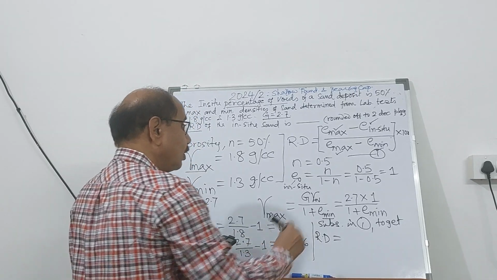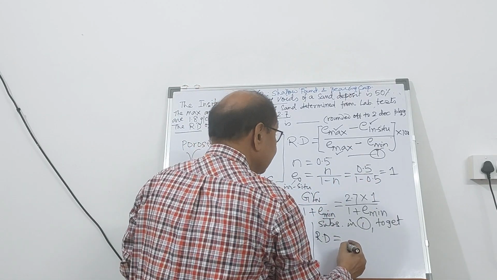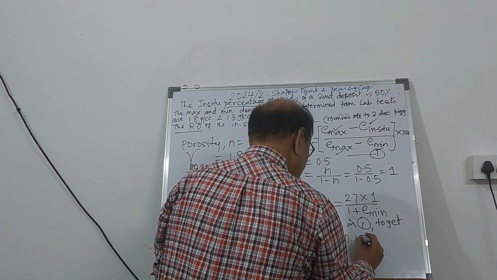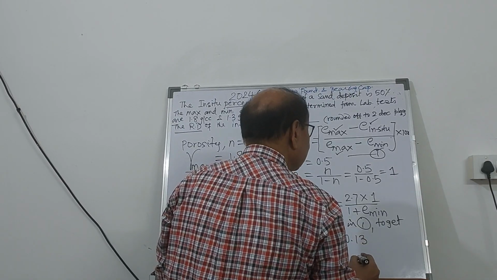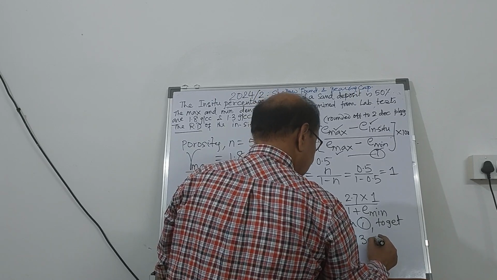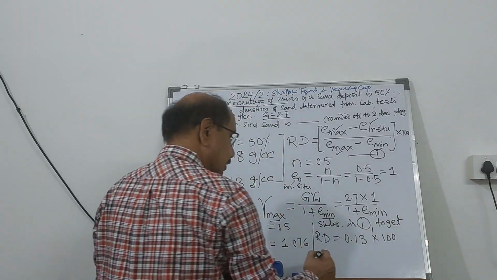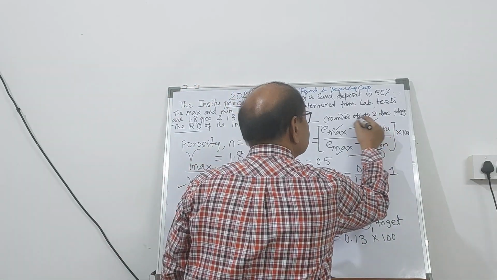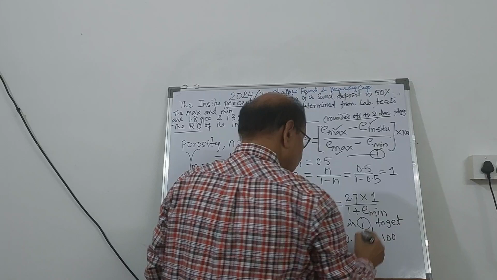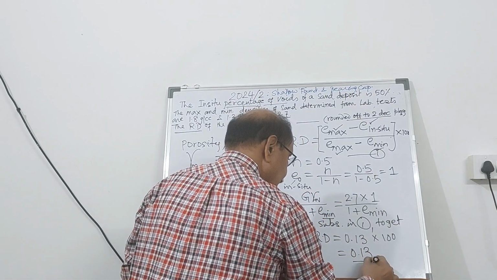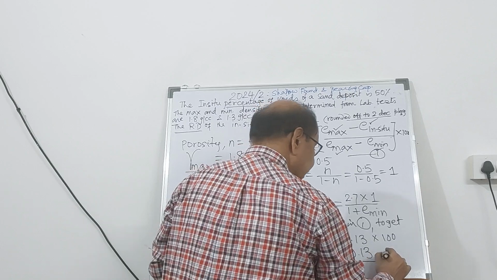So the answer for relative density is going to be 0.13, into 100 if you want to calculate in percentage. It is rounded off to 2 decimal places, so the answer will be 0.13 relative density in decimal.